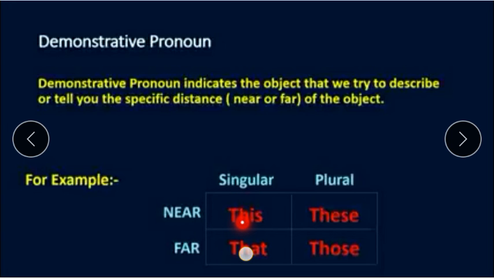That ball is near to us, that's why we say this is my ball. With many balls we say these are my balls. If the same ball is far from us, we say that is my ball. And with many balls far away, we say those are my balls, or those balls are mine. So these are the demonstrative pronouns.